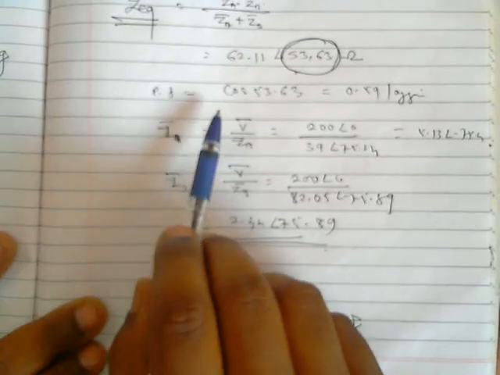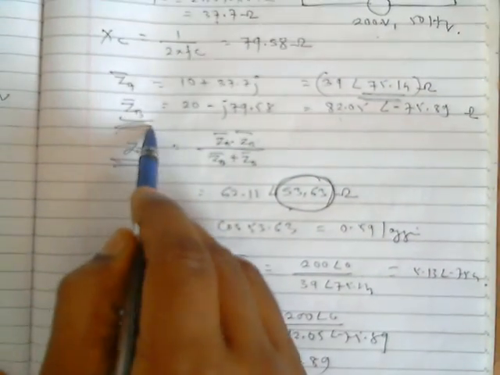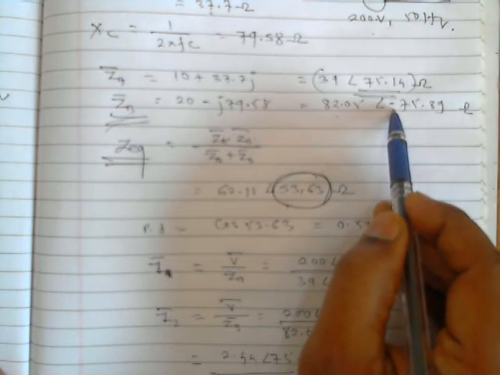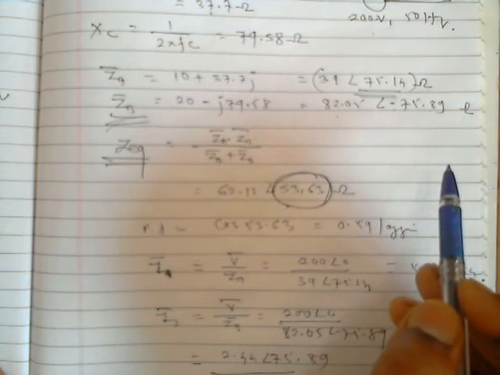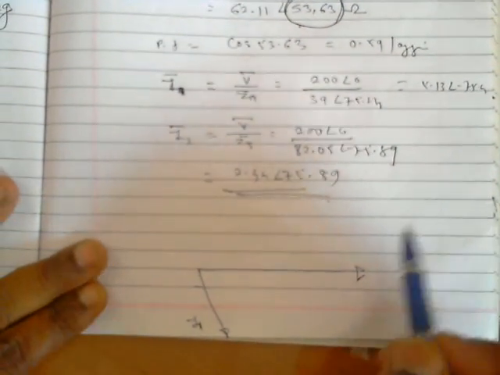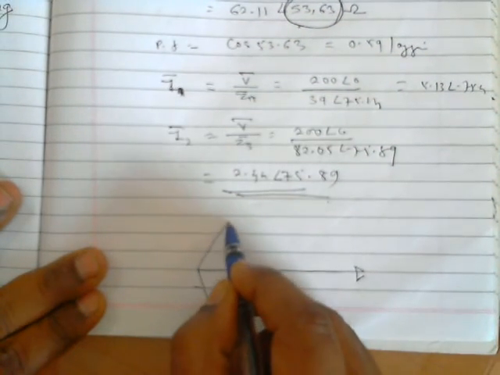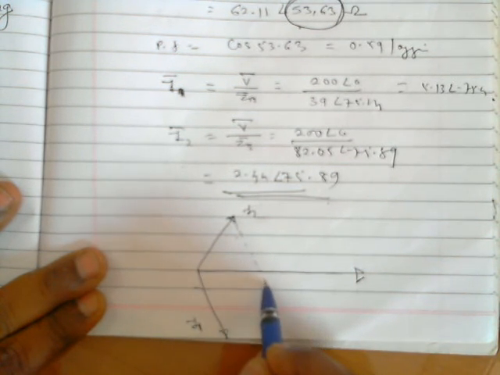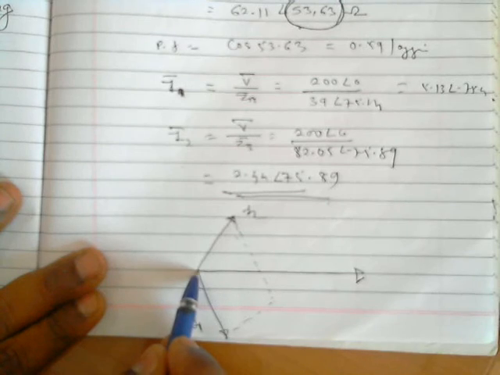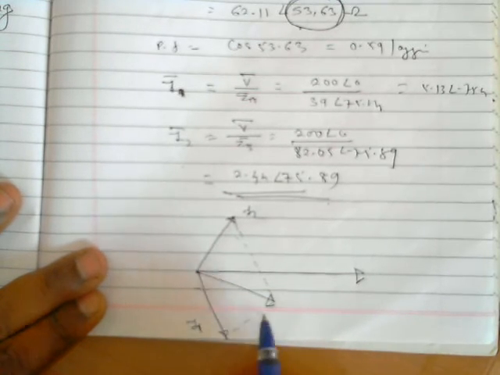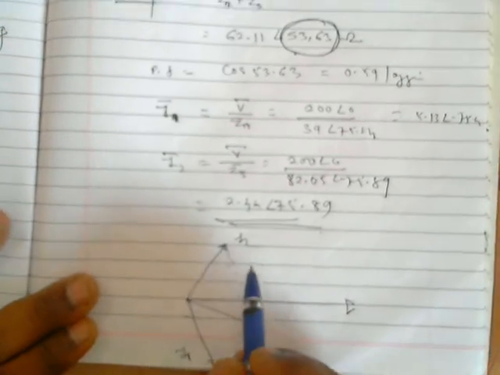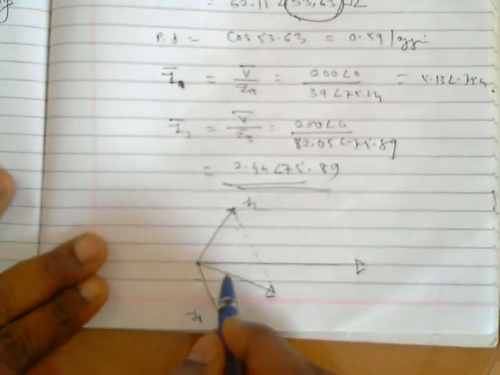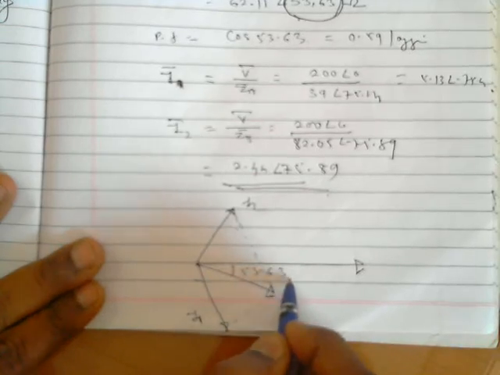Where is I2? The I2 angle can be seen from the impedance of I2, that is ZB. It is minus 75.89, so it should be leading. So I will draw it over here like this. This is I2. The total current is by parallelogram addition, somewhere like this. The total current will have the angle of the total impedance. The total impedance had an angle of 53, so if you measure it, it will be 53.63.